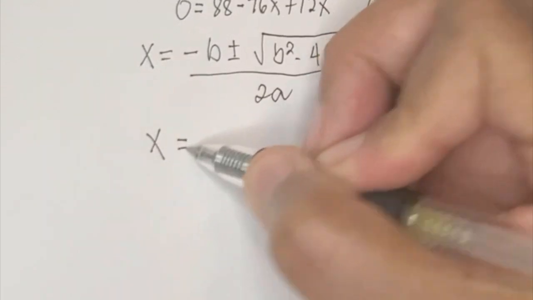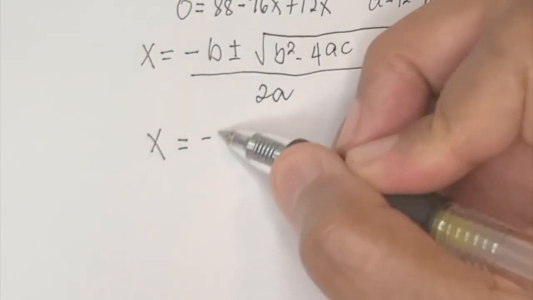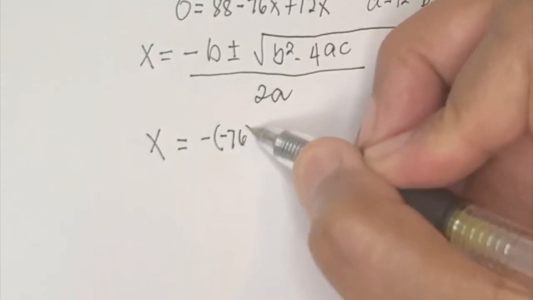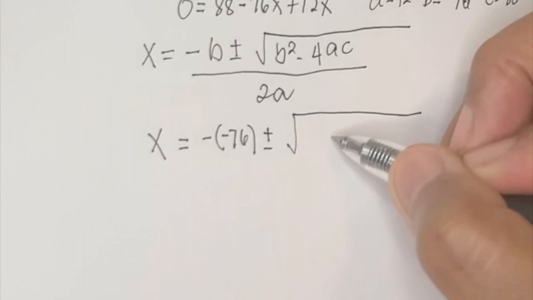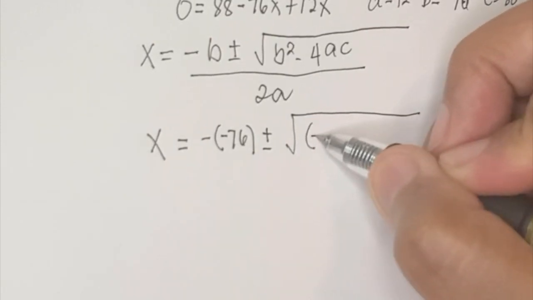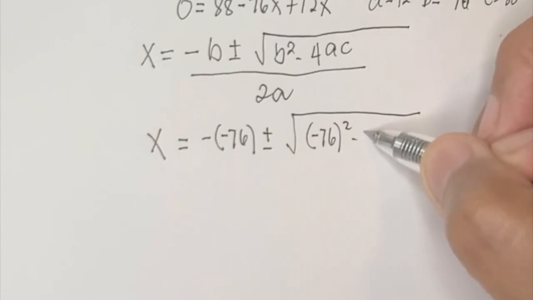Okay, let's substitute. So X equals negative, our B is negative 76. So it would be negative times negative 76 plus or minus the square root of quantity negative 76 squared minus 4AC.